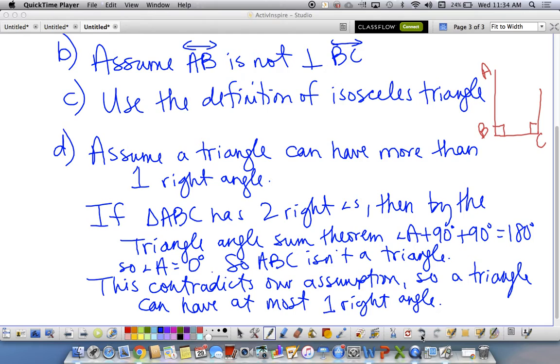So, do you clearly see step 1, step 2, and then step 3? Step 1 is always going to be assume this. What's a postulate in a theorem that's going to contradict it? Last statement will be, hey, this contradicts our assumption. So, our conclusion must be true.